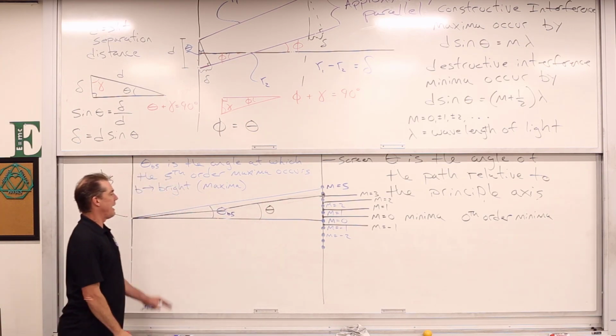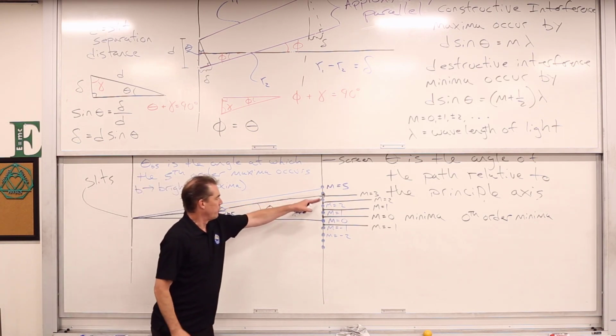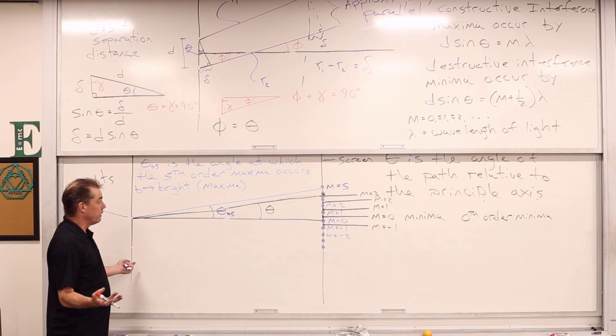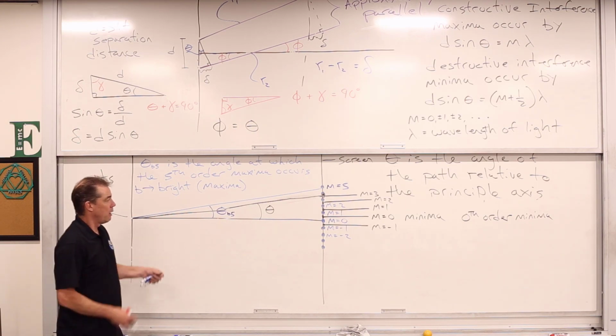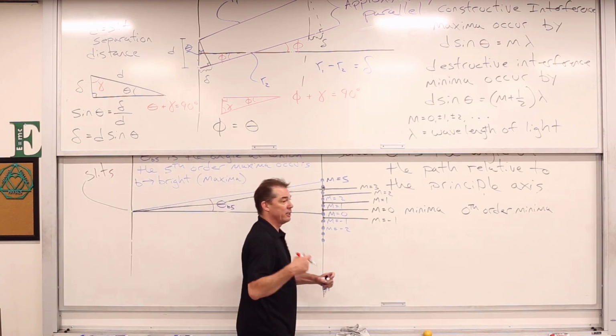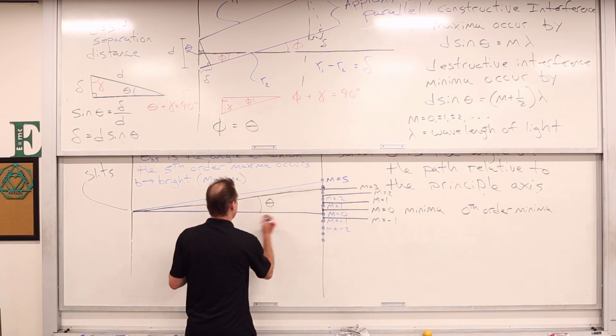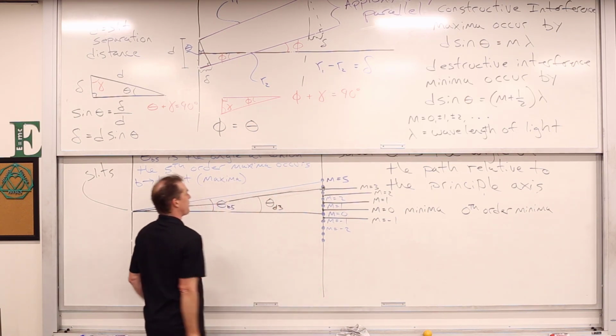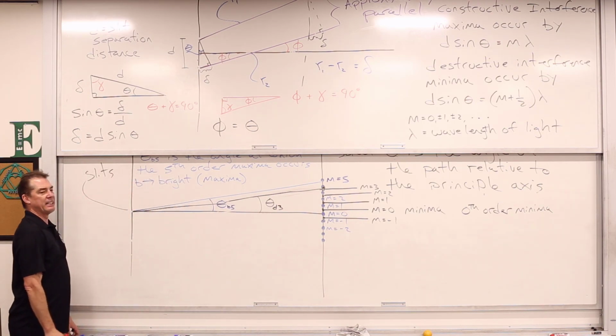Some angle theta at which that path produces the m equals 3 minima. I don't just want to call it some 3. I want to make sure that I'm regarding it in terms of destructive interference, or dark spots. So I'll call it theta D3.